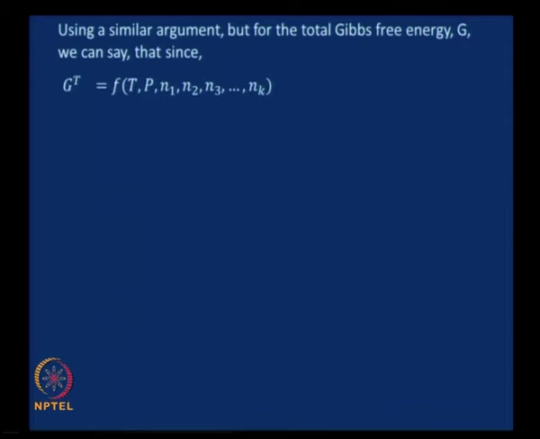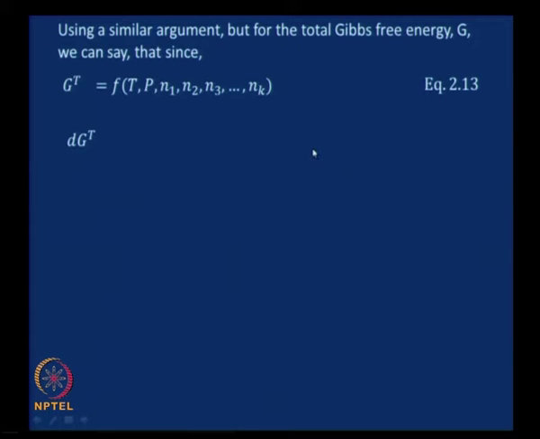Let us follow a similar argument for the total Gibbs free energy G. Let us take G_t as a function of temperature, pressure and all the numbers of moles of the components, N1, N2 till Nk. This is equation 2.13.